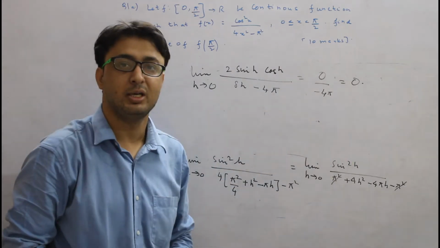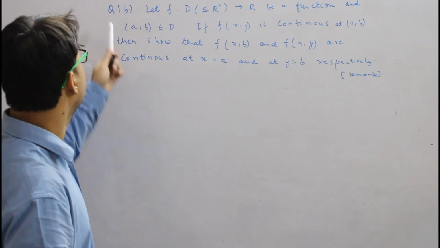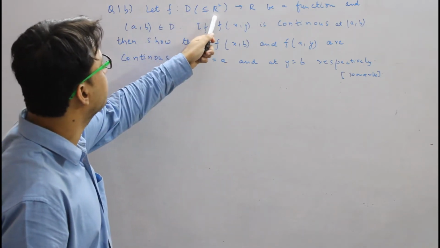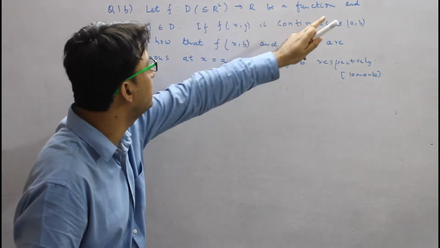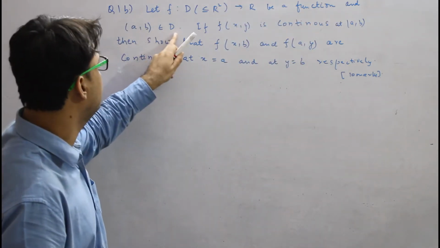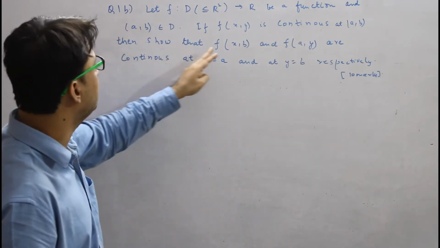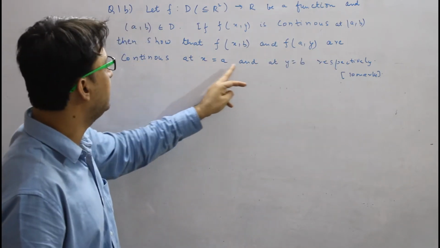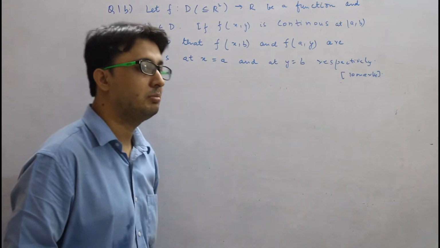Now I am going to take the next question. This is question number 1b. Let f, with domain D in R square and range in R, be a function, and (a, b) belongs to domain D. If f_x is continuous at (a, b), then show that f(x, b) and f(a, y) are continuous at x equal to a and y equal to b respectively. 10 marks.